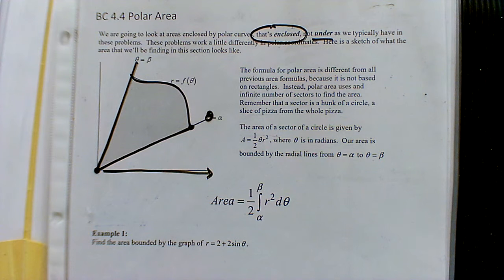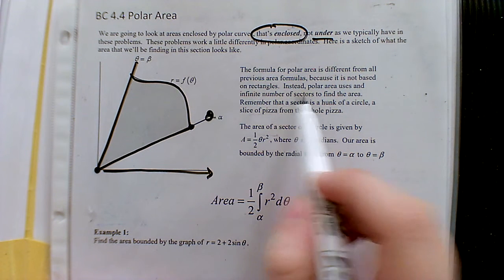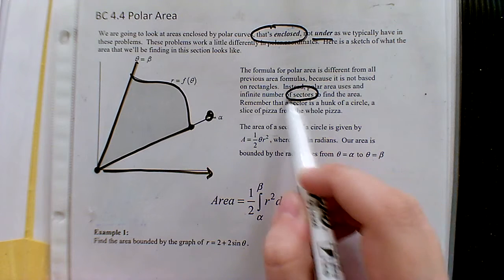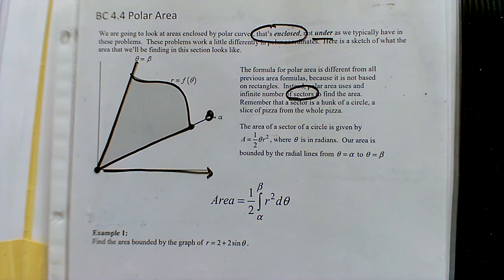Okay, so the formula for polar area is a little bit different because we're not looking at area under a curve, we're looking at an area enclosed in a curve. And we're specifically going to look at the area formula for a sector, because that's the idea of having one starting point, one ending point, and then enclosing it in between those beginning and ending points.